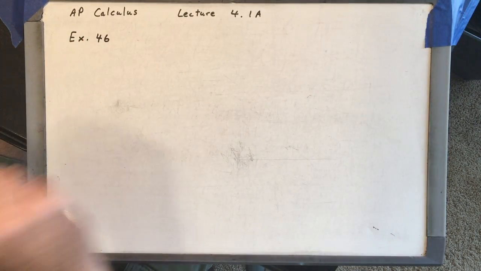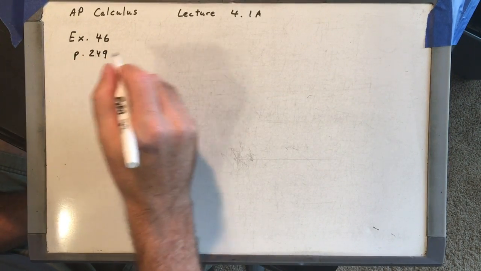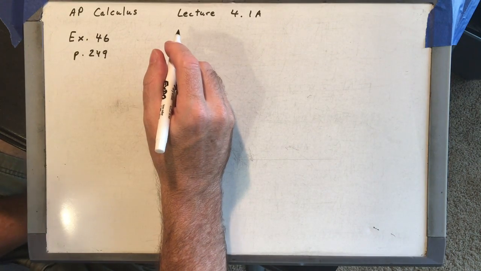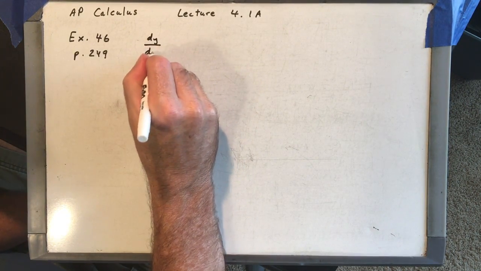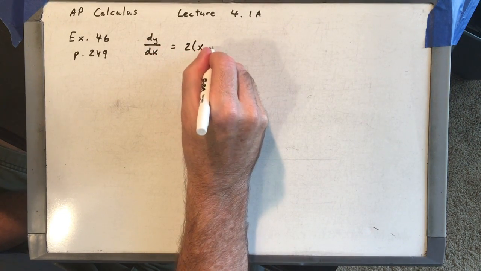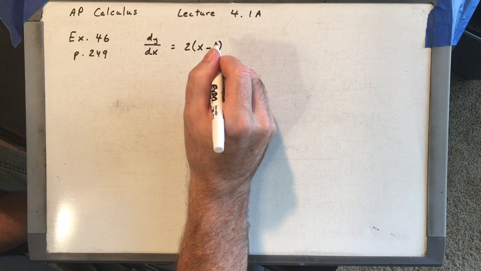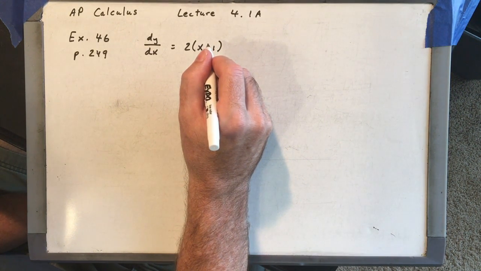All right, example 46, we're on page 249. That one gives us a function, and it says that dy dx is equal to 2 times x minus 1. And it gives us the point 3, 2.